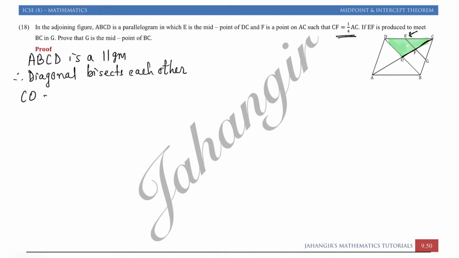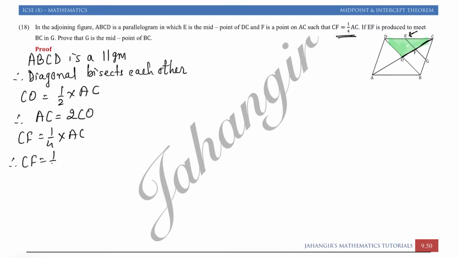We can write CO is equal to half into AC. So therefore I can write AC is equal to 2CO. Let it be one result. Now given is CF is equal to 1/4 into AC. So therefore CF is equal to 1/4 into AC, whose value we already have as 2CO.